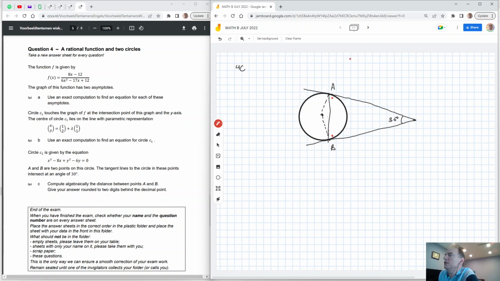Let's call these alpha, and given that the sum of the angles in this triangle has to be 180, we can find out what these angles are.